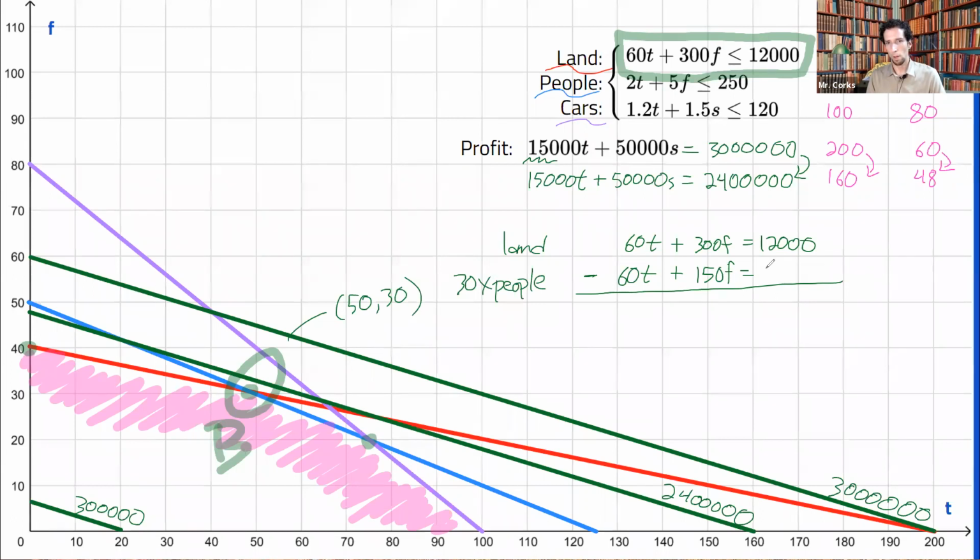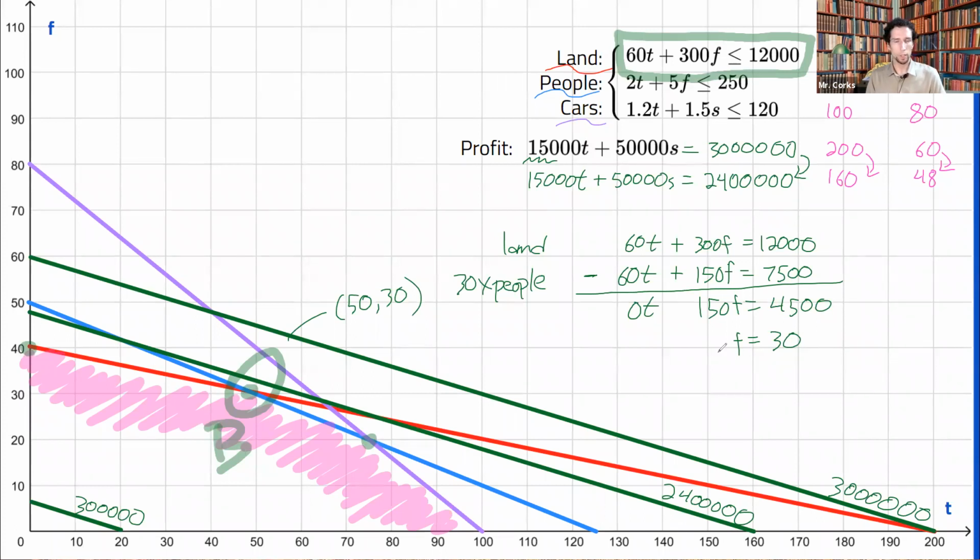750,000. We got to do the times 30 as well there. So 0T and 150F, and this will turn into 4,500. So F is equal to what? 30. Okay, so we've confirmed it.